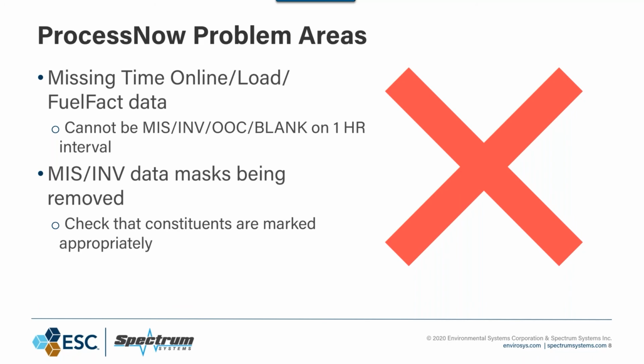So if you do get hung up on Process Now and you take a look at these reported parameters, ensure that you're looking at their constituents as well. Sometimes they have a missing, invalid, out of control flag, and you're going to want to make sure that you remove these and make sure that there's also a filled in field and that it is not blank.